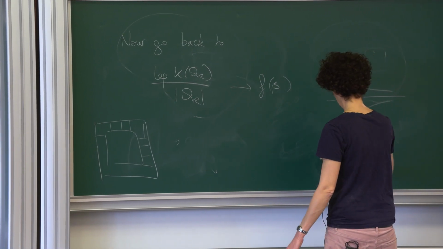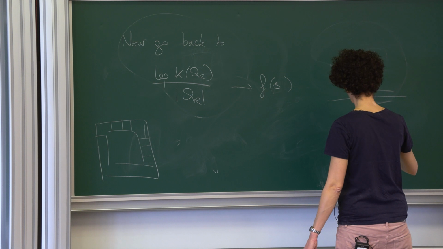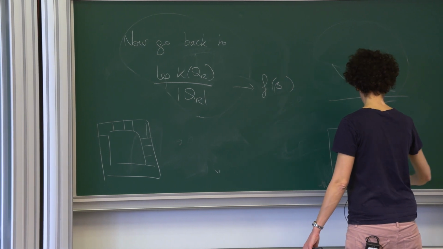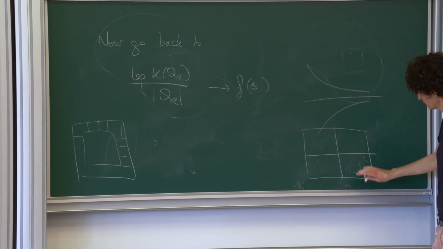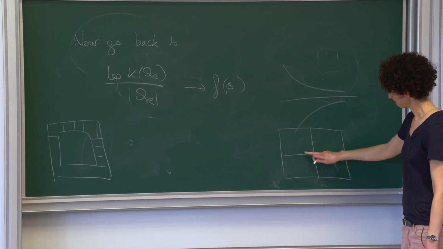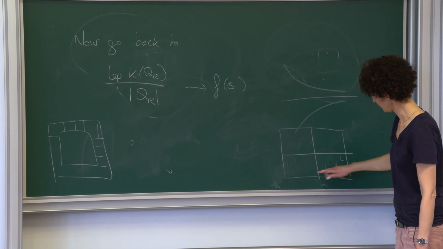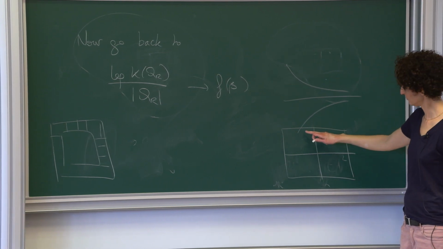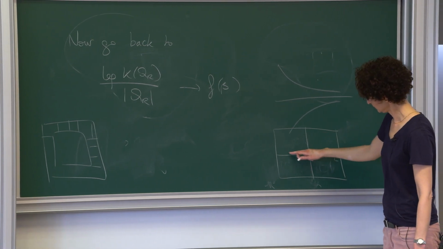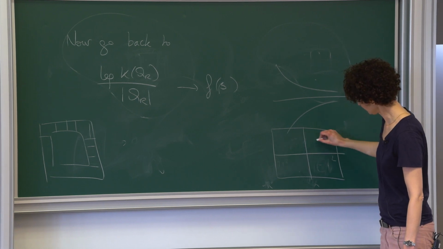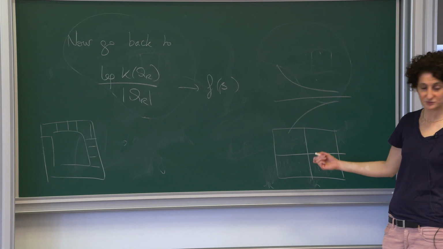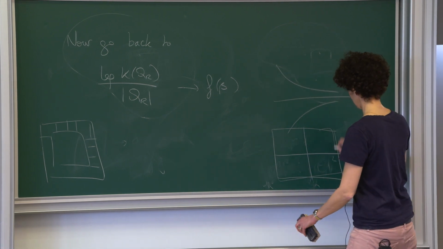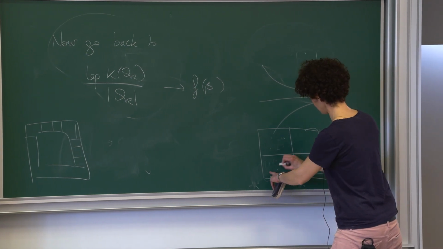And then I can see what happens when I have a big box and I cut it into 4, let's say. So if I have a big box, I want to compute the K of the big box. I can compare with the K of the smaller boxes by screening. Because if I have my big box, I can say, okay, here maybe I don't have the right number of points.